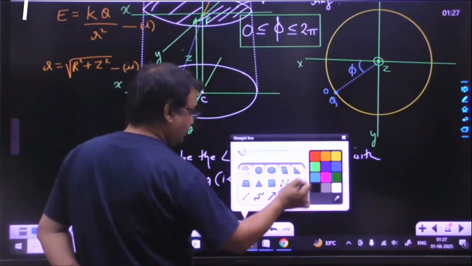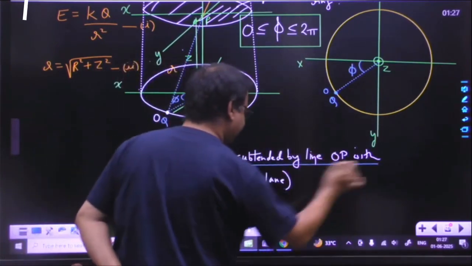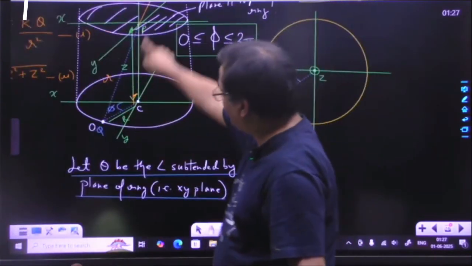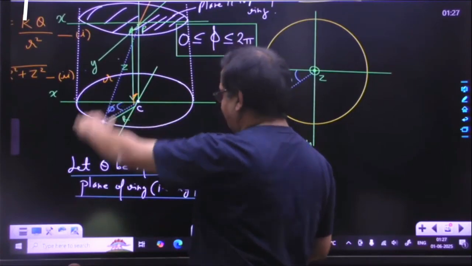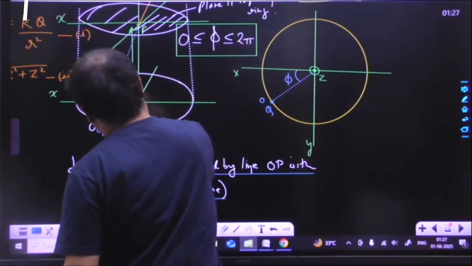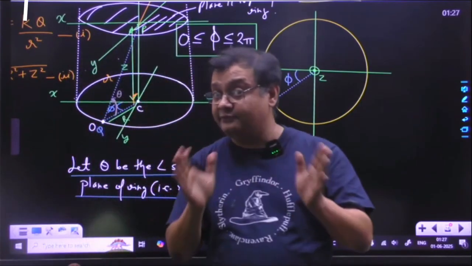So if you want to indicate theta in this figure, this is the line OP and this is the XY plane, so this angle will be theta.